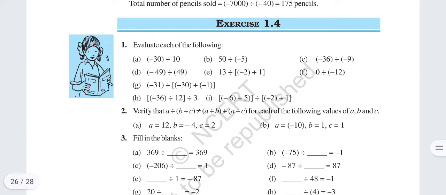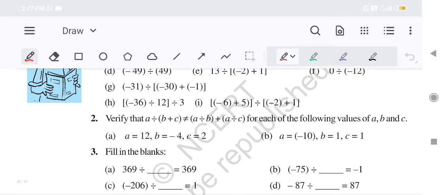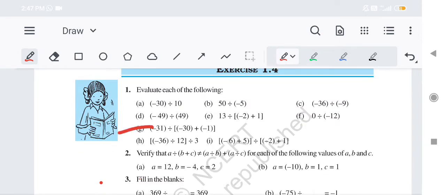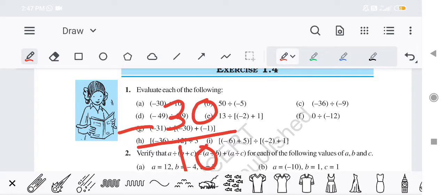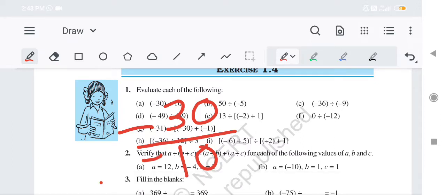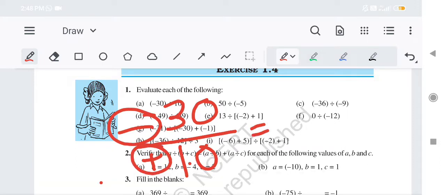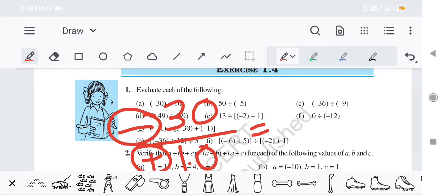In the first sum, minus 30 is divided by 10. What is the procedure? The sign will be exactly the same as in the case of multiplication. Whatever we have done in multiplication, the same thing we will do in division. Here one negative integer is divided by one positive integer, so the answer will always be a negative integer, just as when we multiplied one positive integer and one negative integer and got a negative integer.